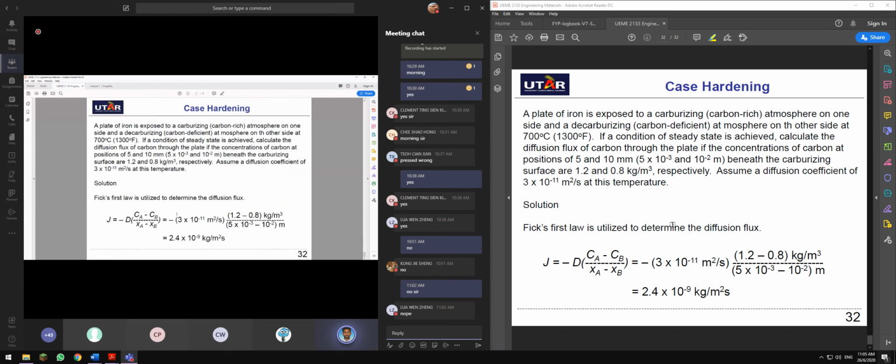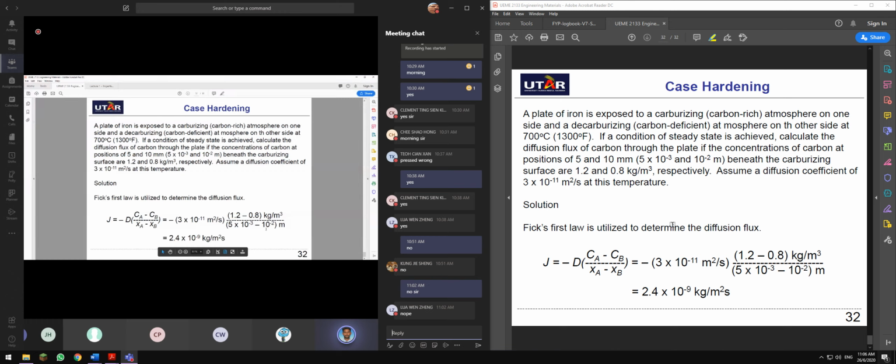This is your diffusion coefficient, taken from here, given, and this is your concentration, 1.2 at the surface, CS, and 0.8 beneath the carburizing surface, and the distances are 5 and 10 mm.